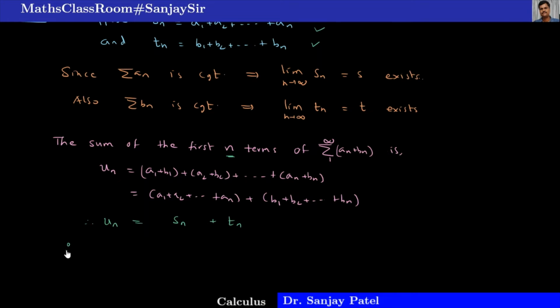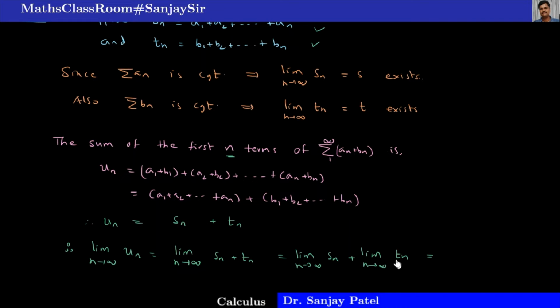Now if I take the limit of un, that is the sum of the first n terms of sigma an plus bn, this is equal to the limit as n tends to infinity of Sn plus Tn. And this we can write as the limit of Sn plus the limit of Tn. Both these limits exist, so we can use the working rules of limits of sequences.